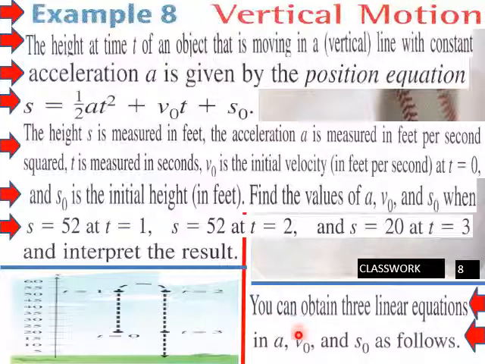You can obtain 3 linear equations in a, v naught, and s naught as follows. So let's see how we can interpret this result by using a system of 3 linear equations to express this motion.